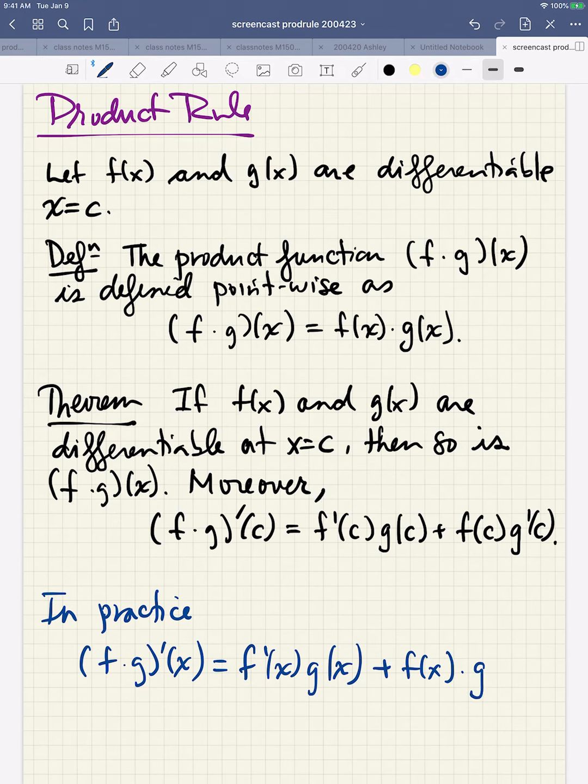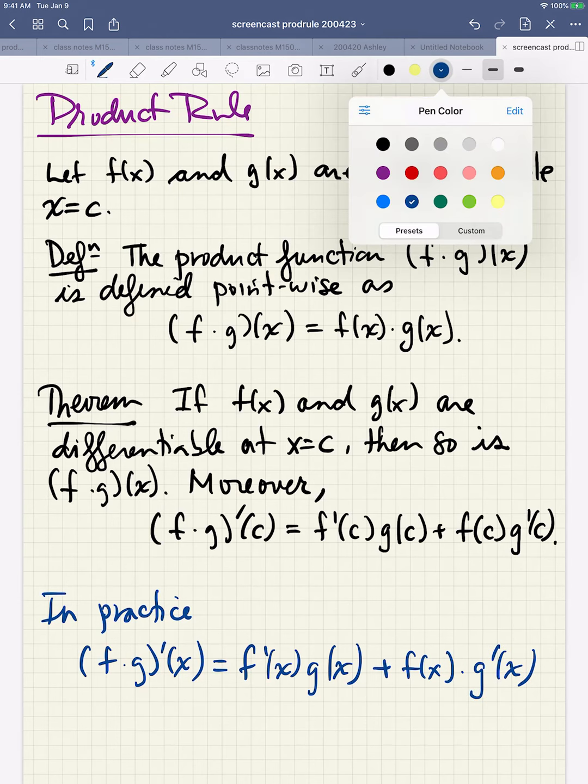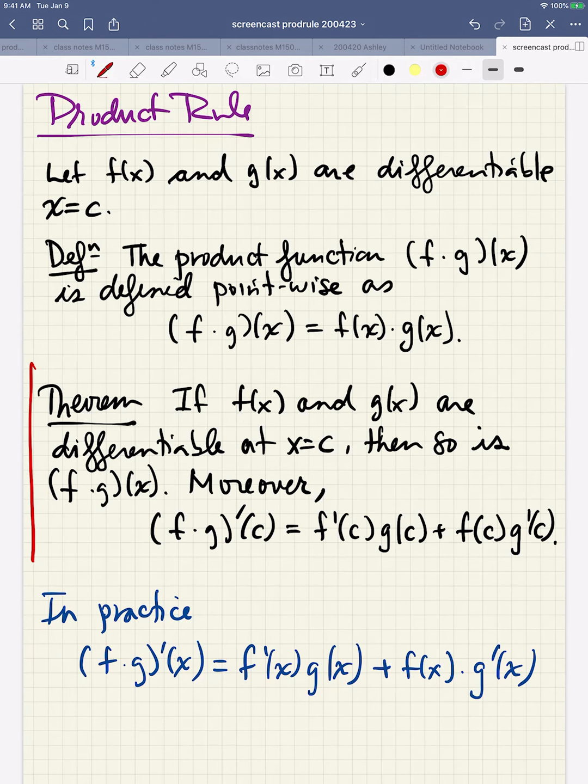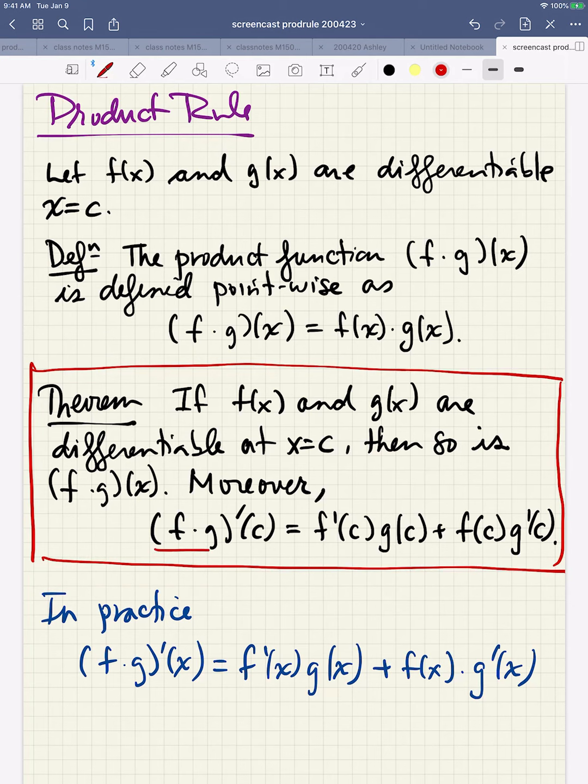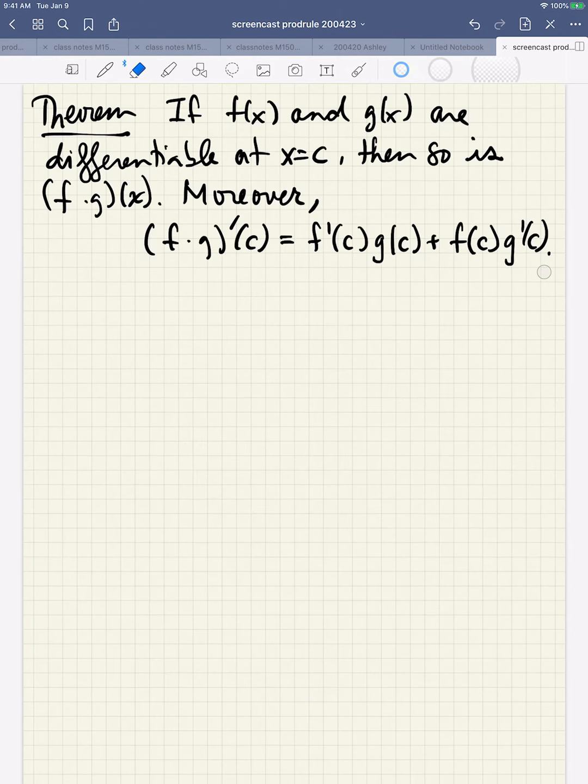But if I can prove this and show that this derivative formula right here works for every value of c, then it's going to work for the variable x. That's the idea. So that's how we get from the theorem statement to the statement that we know and love.